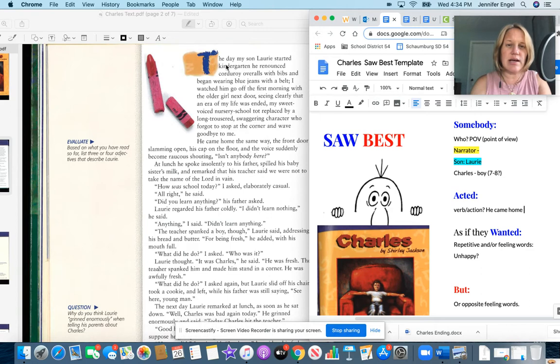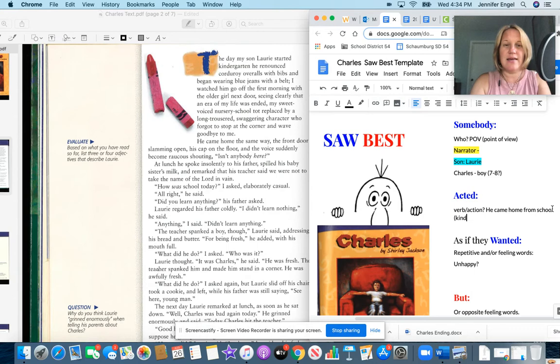So here it says the day my son Laurie started kindergarten. So even though it doesn't say school, I'm inferring that he's coming home from school. If you want to be specific, you can say kindergarten, and that would be perfectly fine as well.